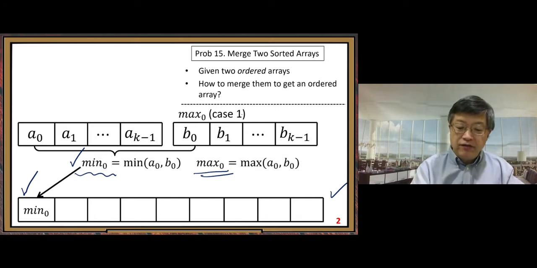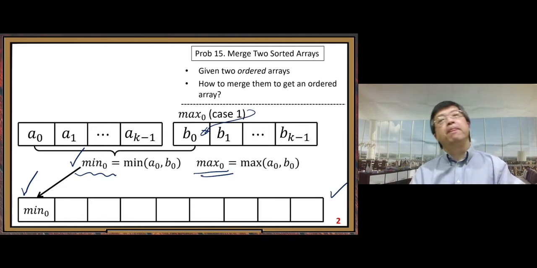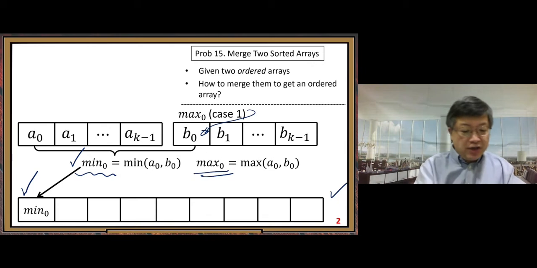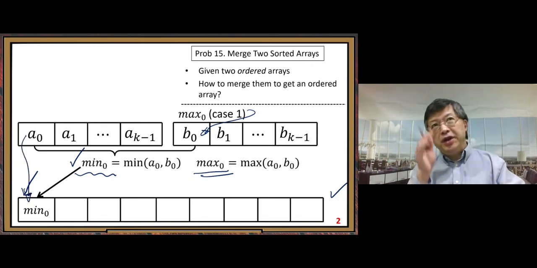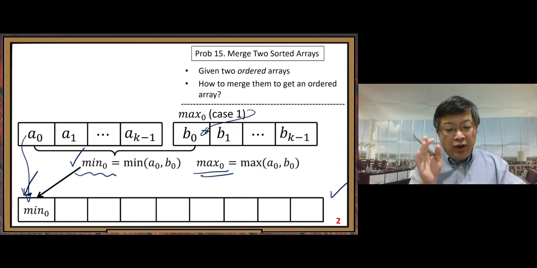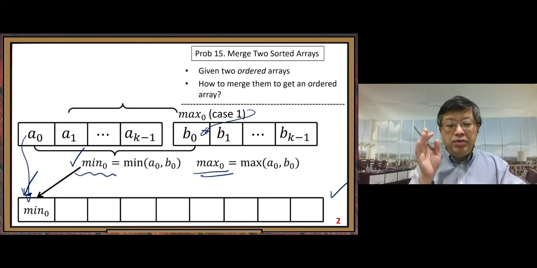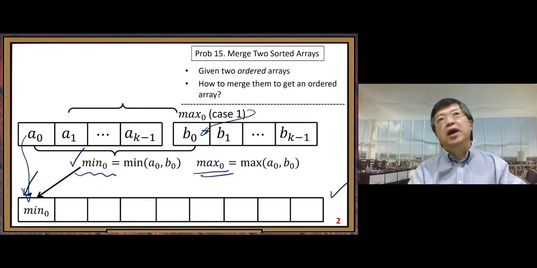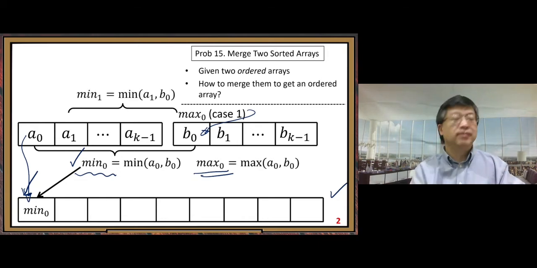Here we consider case 1, where max 0 is B0. If max 0 is B0, that means A0 was put in place. So the next comparison should be between A1 and B0. The smaller one we call min 1, and the larger one max 1, and so on.